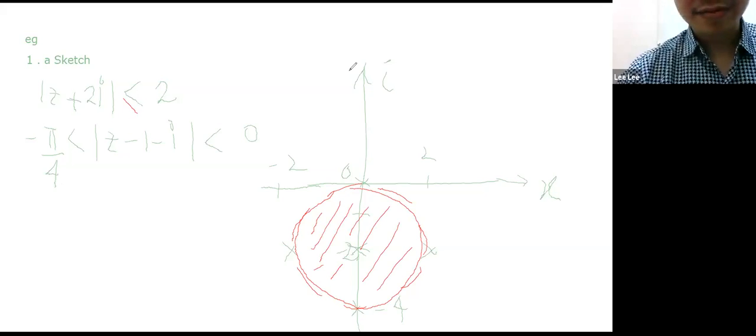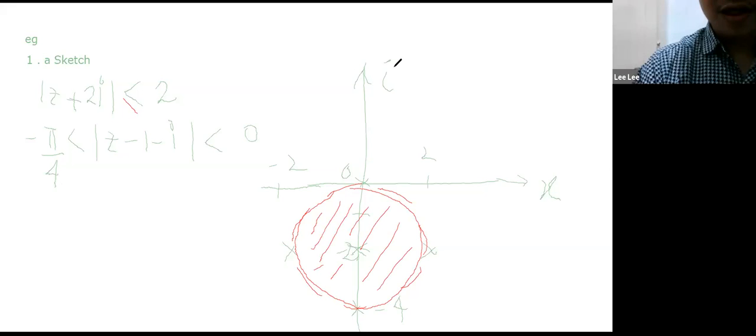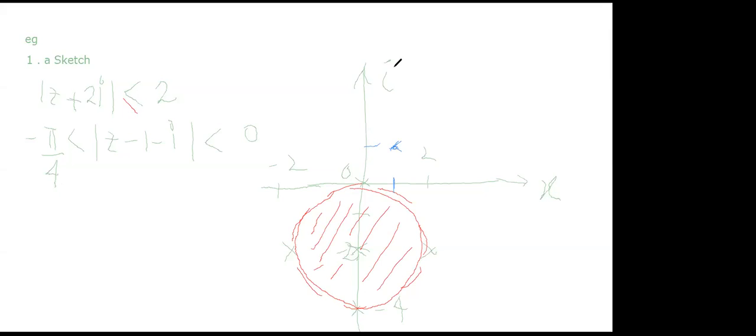Any question? So the way we shade is we try one by one. For a circle, just take the inner part. If it is bigger, then you take the outer part. Yeah, we want to take the outside.